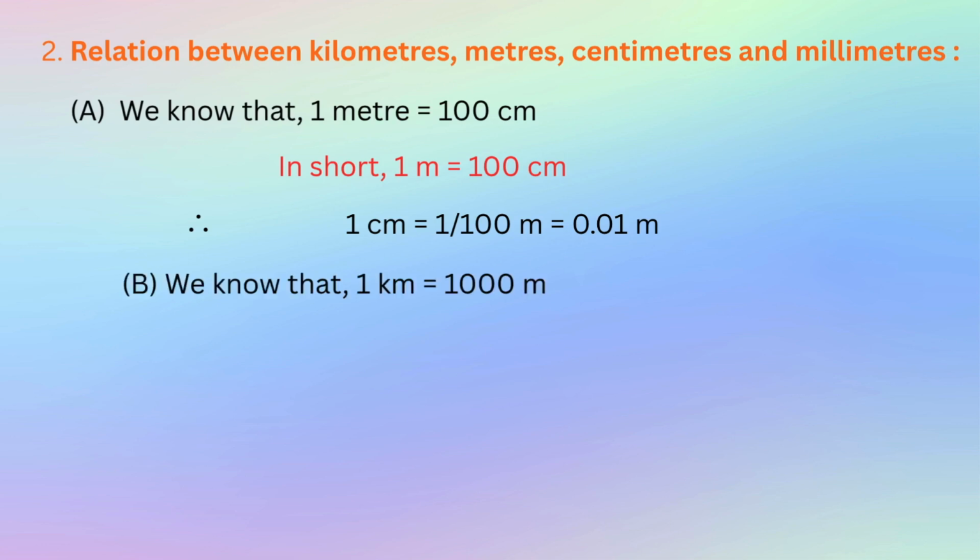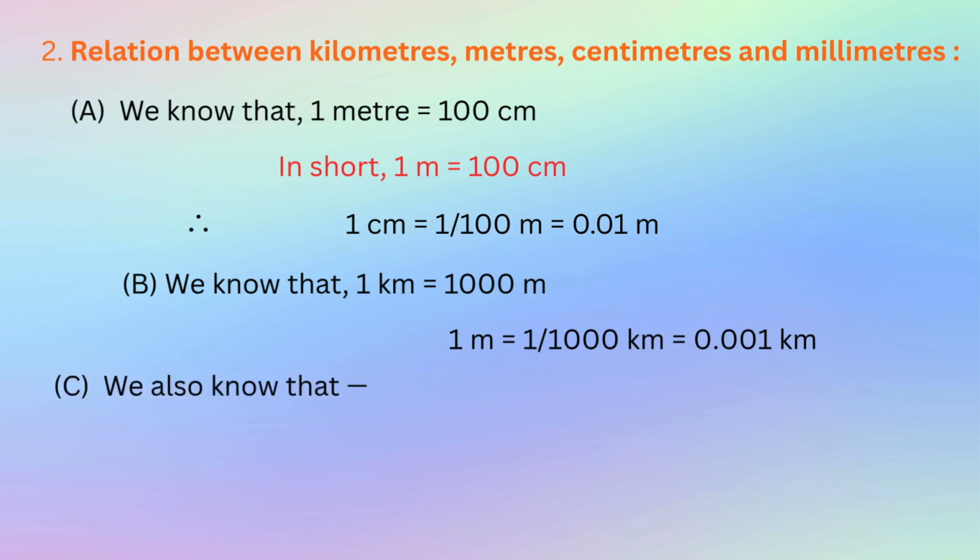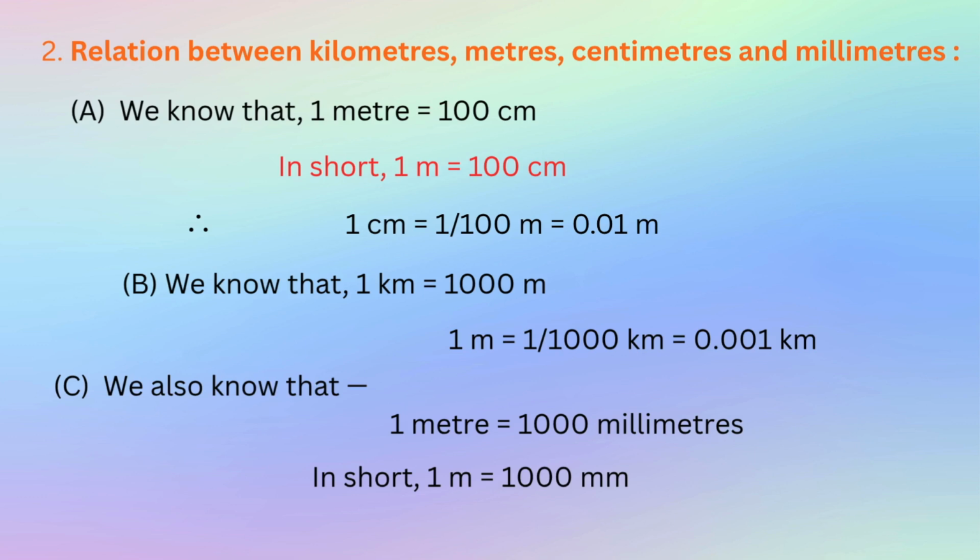B. We know that 1 kilometer equals 1000 meters. 1 meter equals 1/1000th of a kilometer equals 0.001 kilometers. C. We also know that 1 meter equals 1000 millimeters. 1 millimeter equals 1/1000th of a meter equals 0.001 meter.